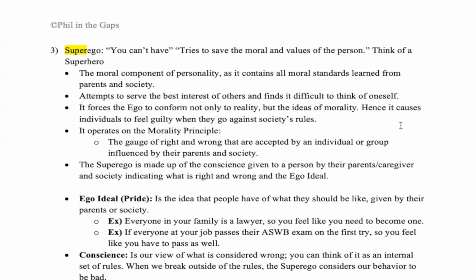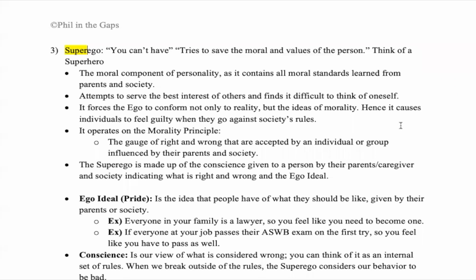So, it forces the ego to conform not only to reality, but to the ideas of morality. It's like, man, not just how do you satisfy your needs but avoid hurting other people, but how do you start giving away some of your belongings or resources to other people to help build them up? Hence, it causes individuals to feel guilty when they go against society's rules.